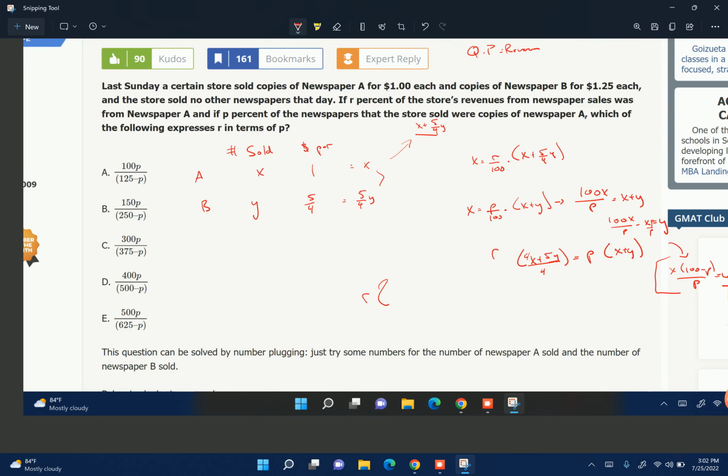So R times (4X plus 5 times X times (100 minus P), all this over P), and then all of that over 4 equals P times (X plus Y), where Y was again X times (100 minus P) all over P.